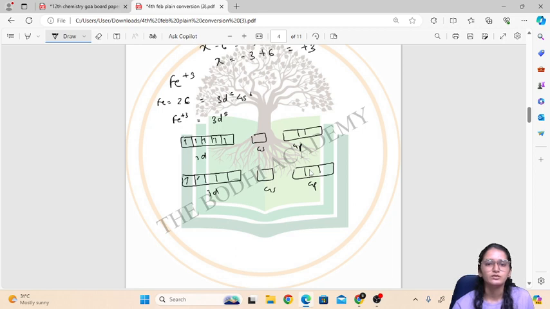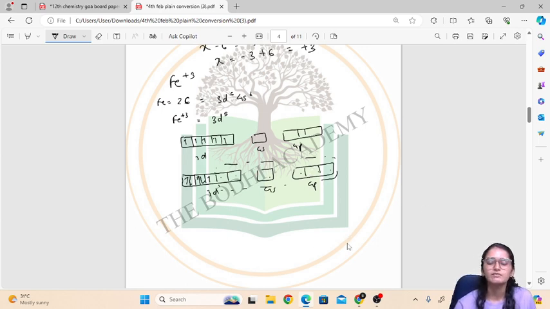This electron I will take in the first orbital, so one pair we have made, second pair these electrons have taken, and the third electron will remain as it is. So how many empty orbitals are we getting? 1, 2, 3, 4, 5, 6. We needed 6 orbitals and we are getting 6 orbitals.